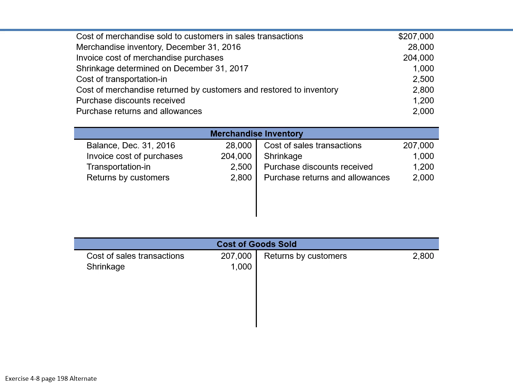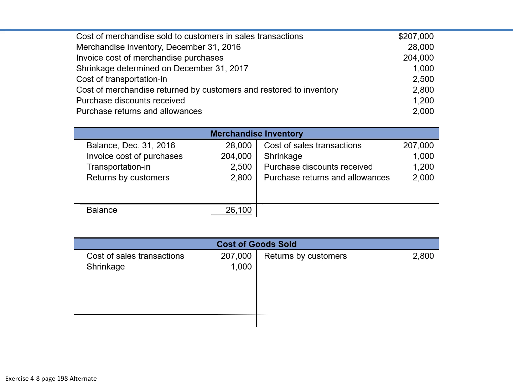Purchase returns and allowances also decreases our merchandise inventory, but neither one of those affects cost of goods sold. So then we have a balance of $26,100 in our merchandise inventory, debits less credits. Cost of goods sold balance is $205,200 debit.